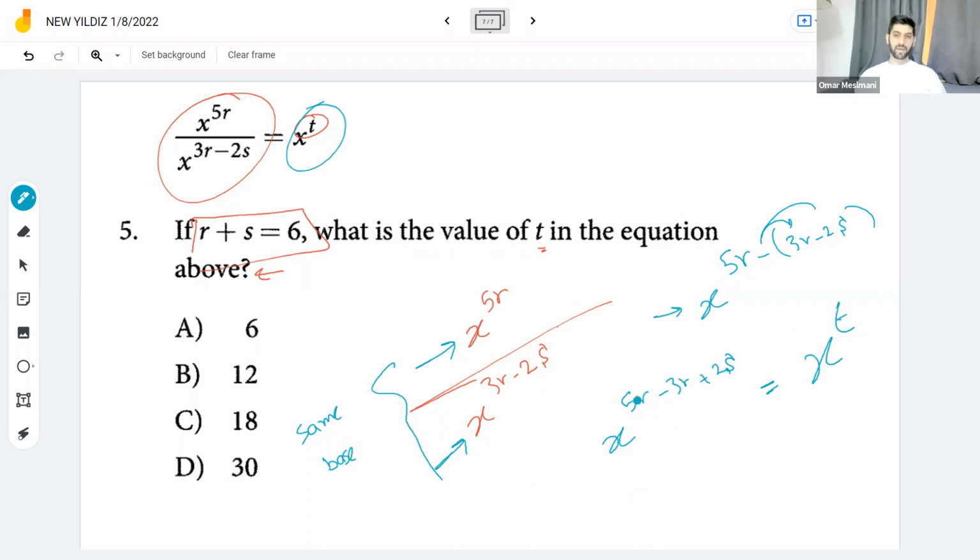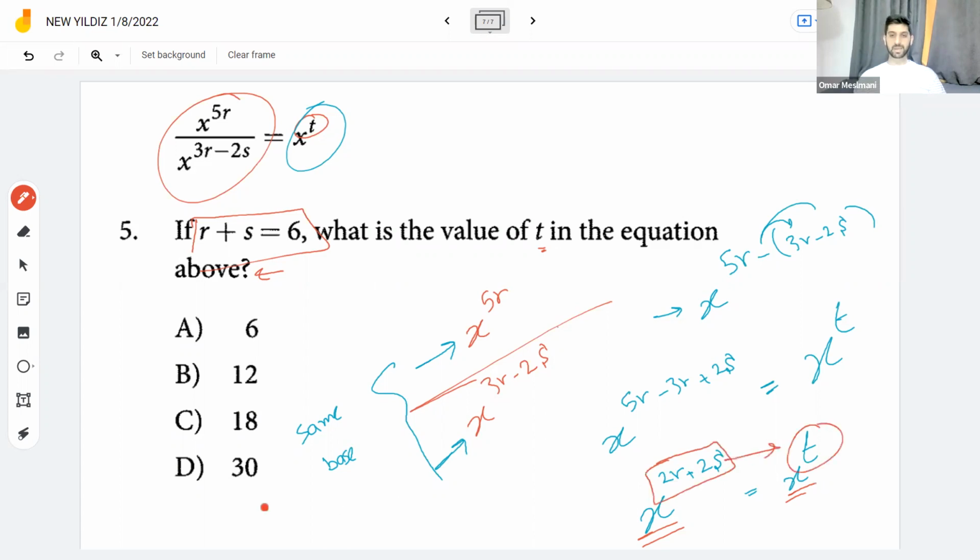All right, 5r minus 3r is going to be 2r. So right now I have x power 2r plus 2s equals x power t. And if you remember the last rule, rule number 11, I told you, if you have a left-hand side and a right-hand side with the same bases, it means the powers have to be the same.